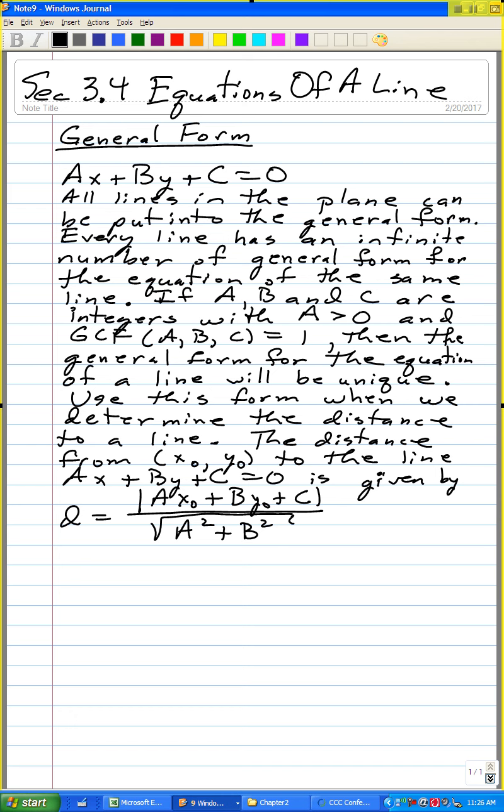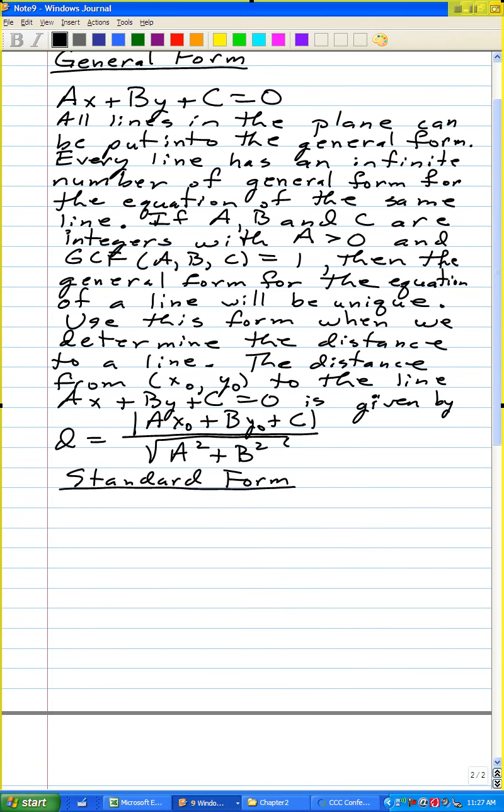Let me give you the standard form. The standard form for the equation of a line is just ax plus by equals c.